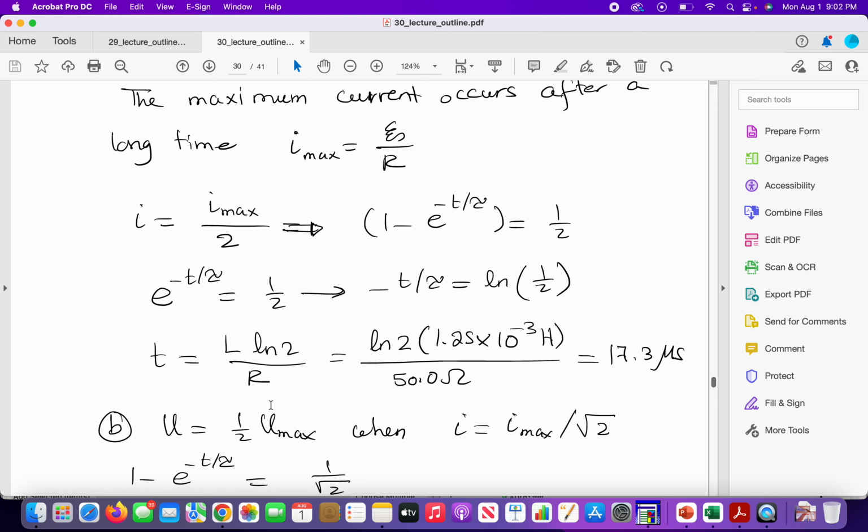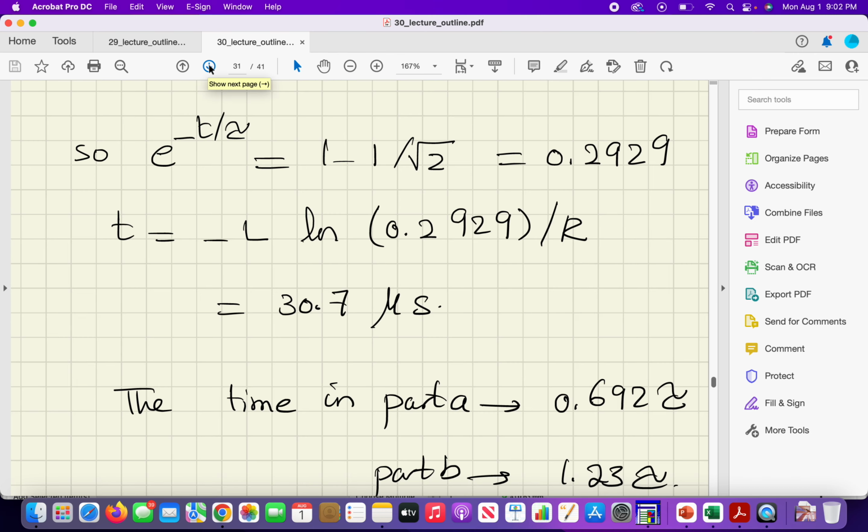We put 1 minus e to the minus t over tau equal to 1 over the square root of 2. We take the natural logarithm of both sides and calculate the time. This is 30.7 microseconds.